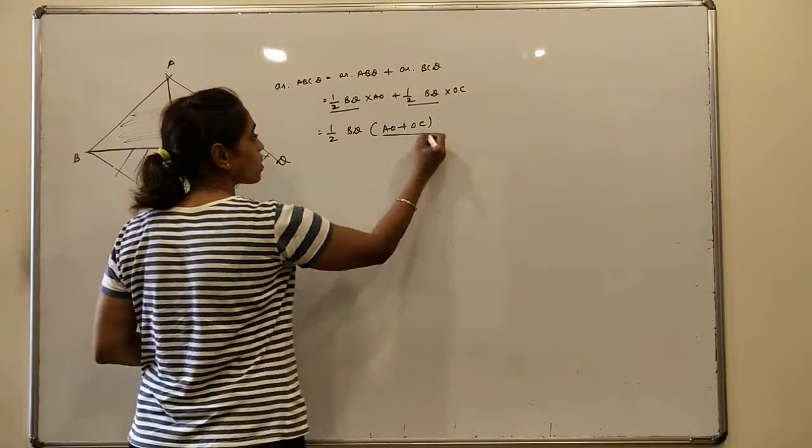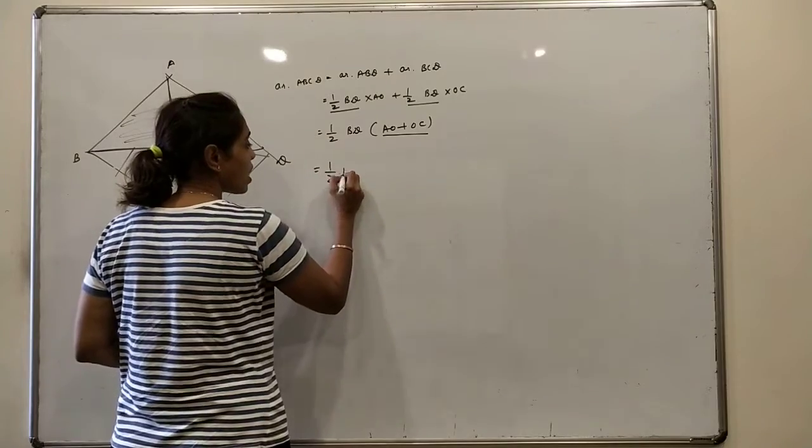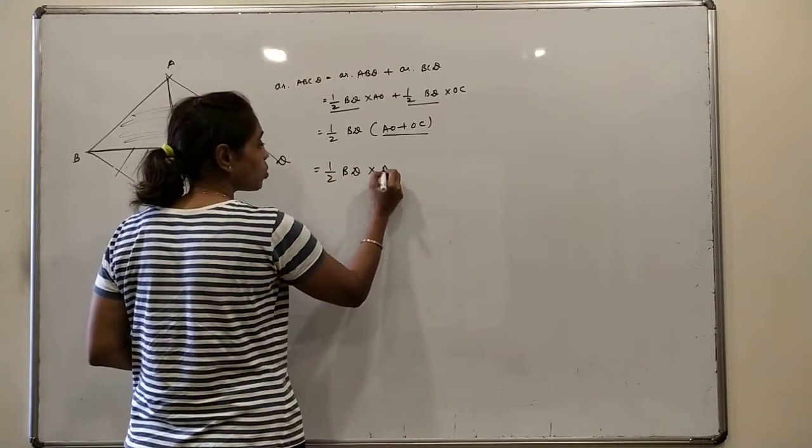In place of AO plus OC, the area is 1/2 of BD into AC.